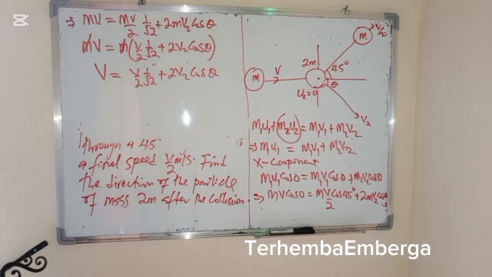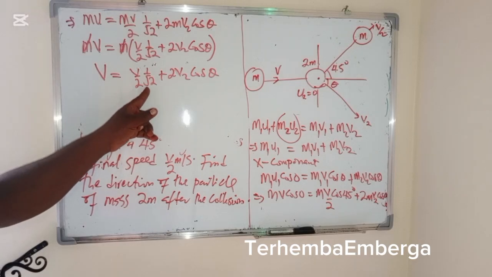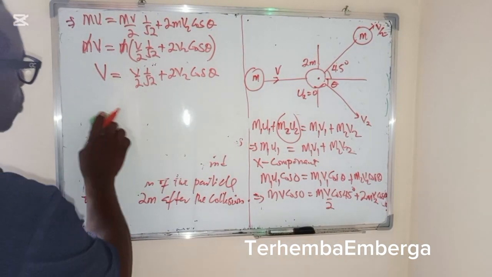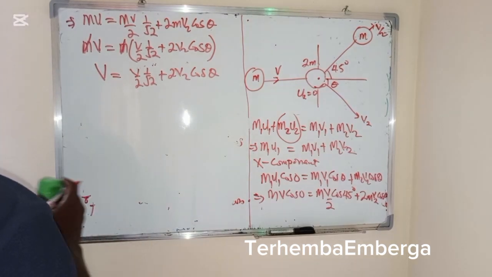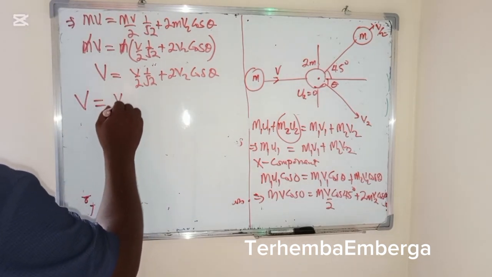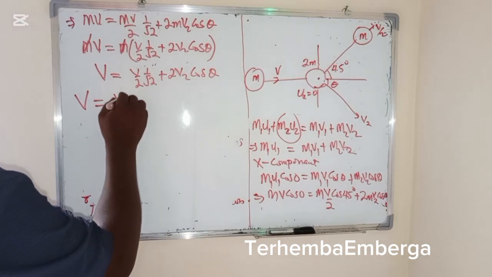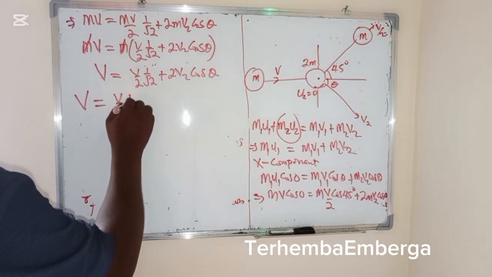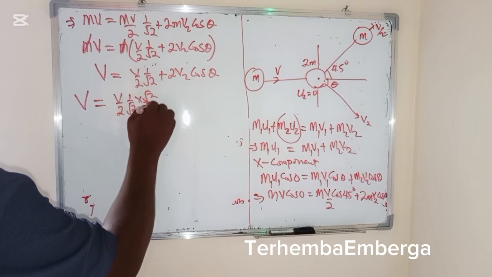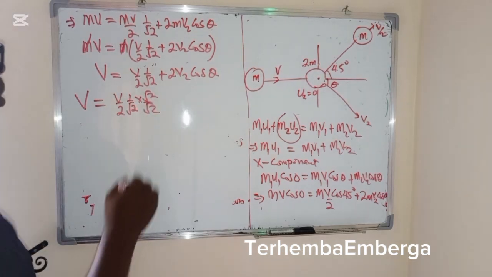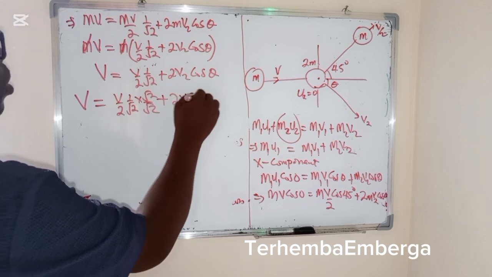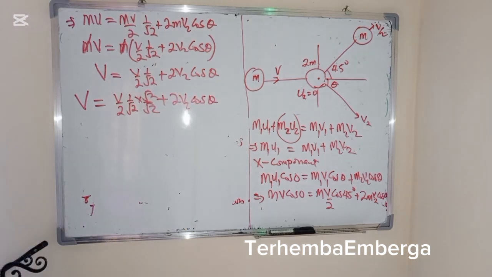Looking at this, we need to rationalize. We can now say that v is equal to v over 2, 1 all over root 2 times root 2 all over root 2. That is rationalization. Plus 2 v2 cos theta.